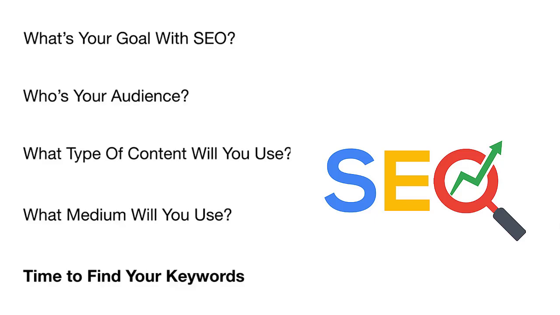Before moving further, we have to know our goal with SEO, whether we want to optimize our website to get traffic, and we should know what audience we are going to target. For example, if we have a YouTube channel, we have to focus on SEO optimization for YouTube visitors and viewers, and we will focus on certain keywords according to YouTube.